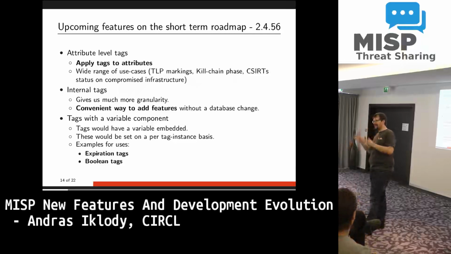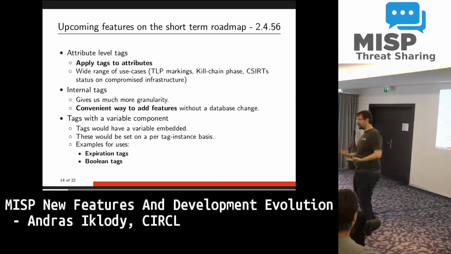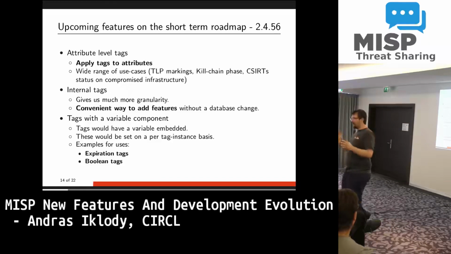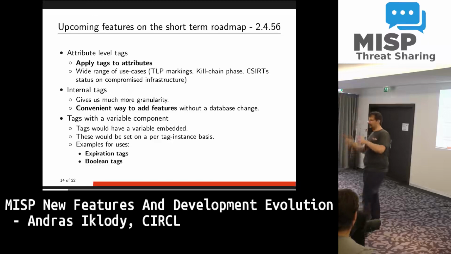Right now, tags are fixed completely in value. So if you have a tag that says TLP red, that is always going to be TLP red. But for example, for expiration, you have a variable component which should be a time value. And we want to have a variable stored within the connector that connects the tag to the structure that it's attached to.